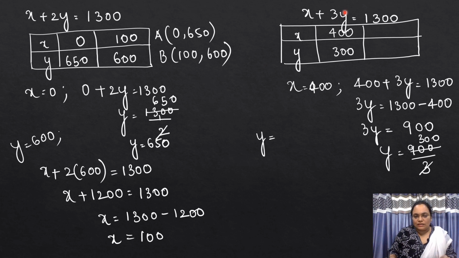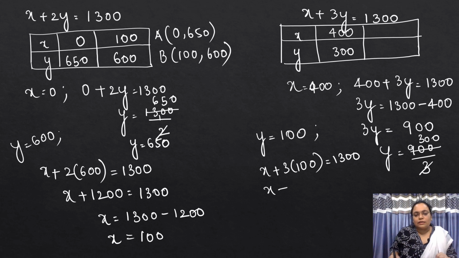If you put y is equals to 100, this will be 300. Yes. So if you send it to the RHS, this will be 1000. So let us try that. It will be a little bigger number, but it's okay. If you take y is equals to 100, x plus 3 of 100 is equals to 1300.